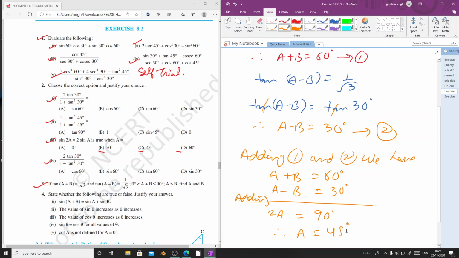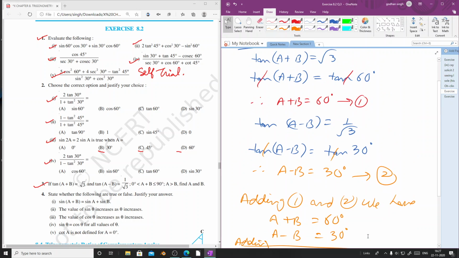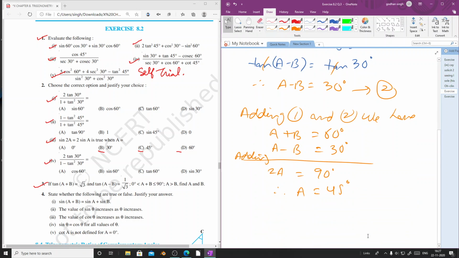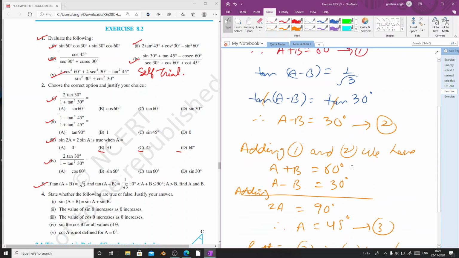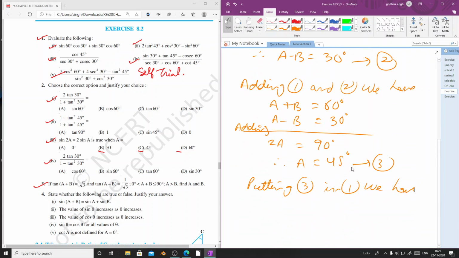Now let us put this value of A in equation number either 1 or 2. Let us put this in 1. So let us see what is 1. Equation 1 is A plus B equal to 60 degree.